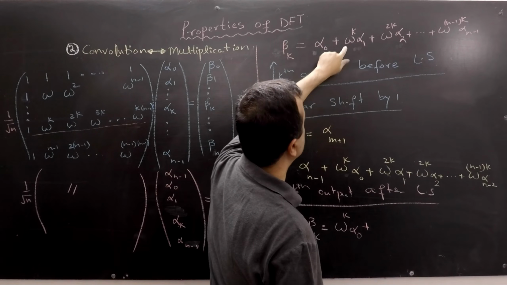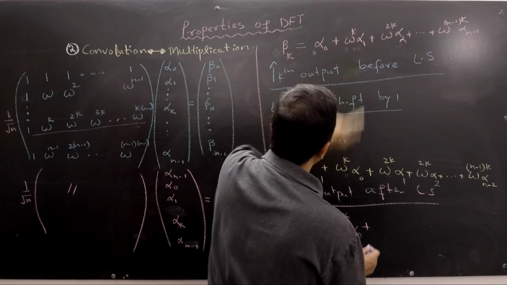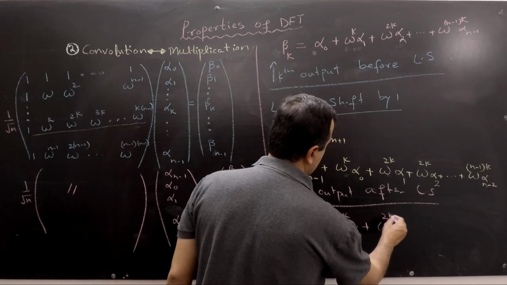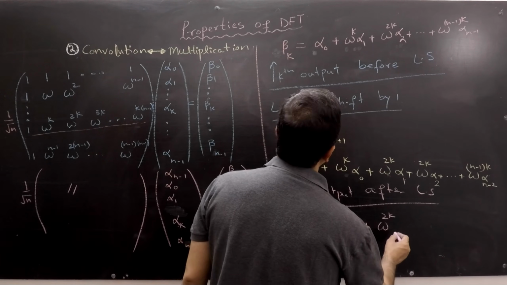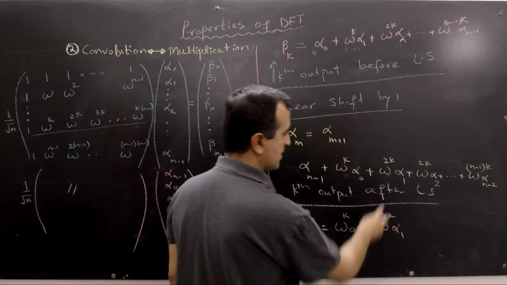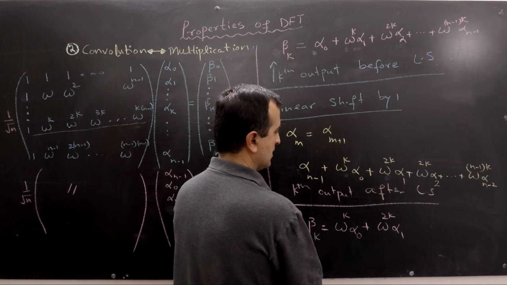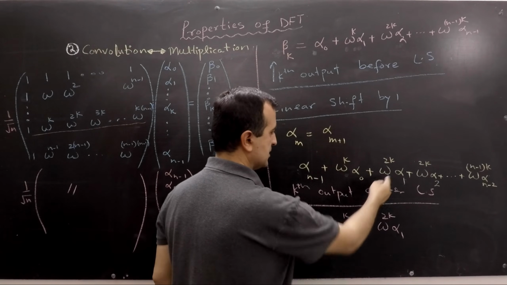Similarly, if I multiply the second entry with omega k, I get omega 2k times alpha 1, which is the same as this entry of the output after the linear shift.